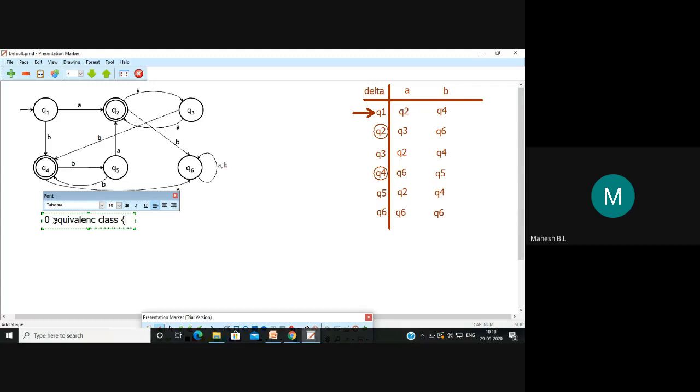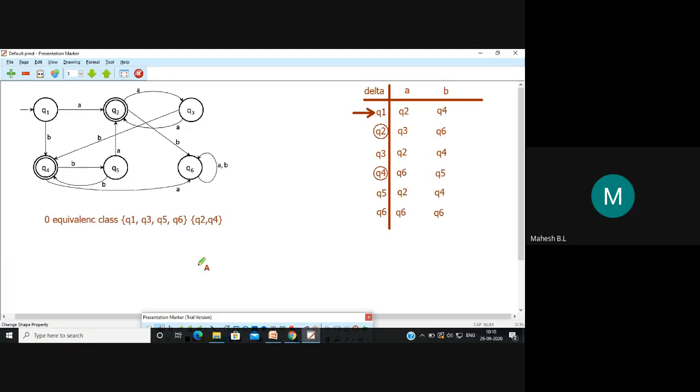So here the rejecting states are Q1, Q3, Q5, Q6. These are in one class. Accepting states are Q2 and Q4. They are in another class. This is the zero equivalence class.